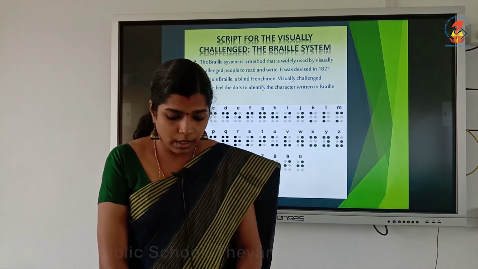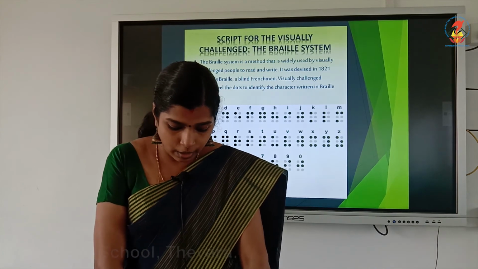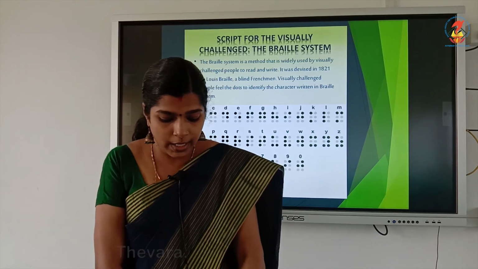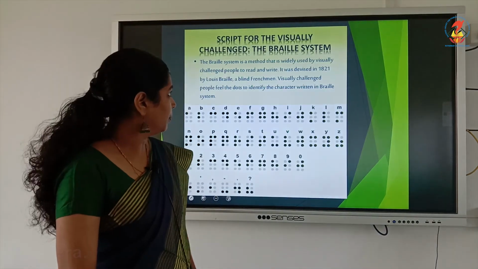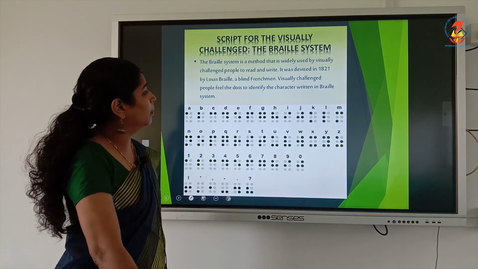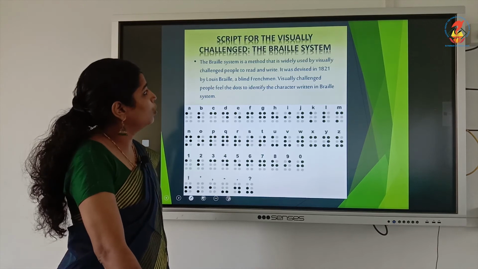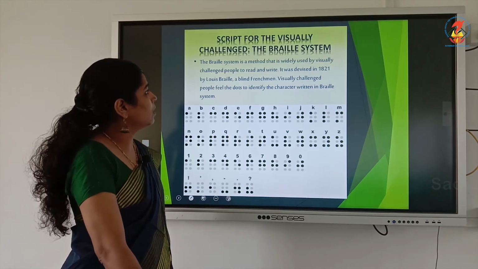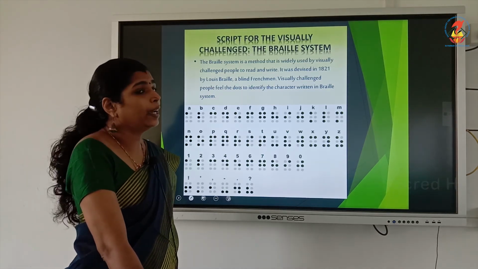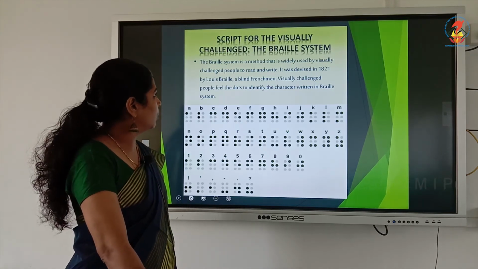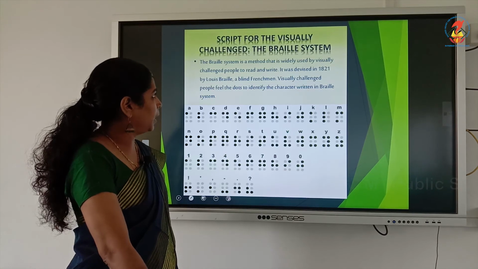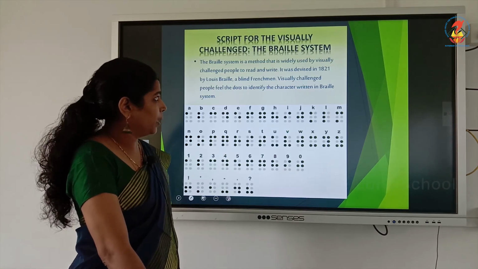The most important resource for visually challenged person is the Braille system. Braille system is a method which is widely used by visually challenged people to read and write. It was developed in 1821 by Louis Braille, a blind Frenchman.